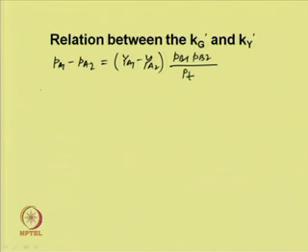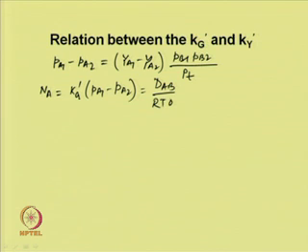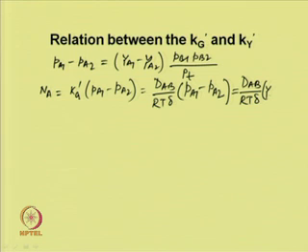We can write flux Na is equal to Kg dash Pa1 minus Pa2 is equal to dAB by RT delta into partial pressure of A at point 1 minus partial pressure at point 2, Pa2, will be equal to dAB by RT delta Ya1 minus Ya2 multiplied by Pb1 Pb2 divided by Pt.